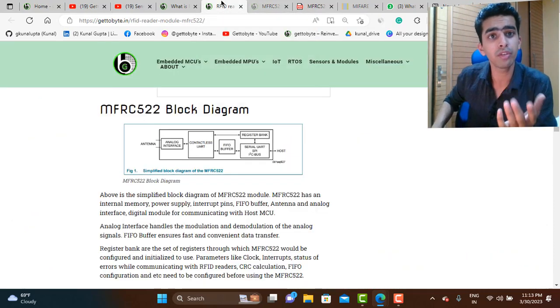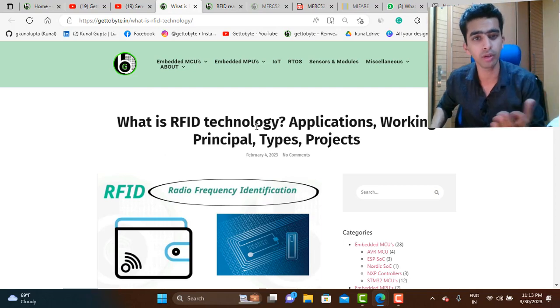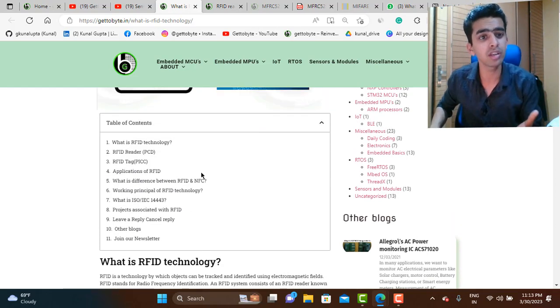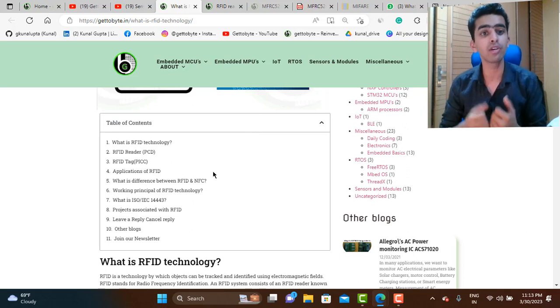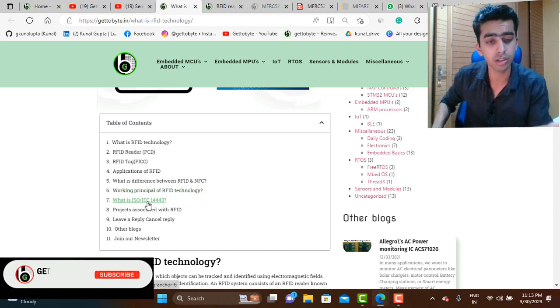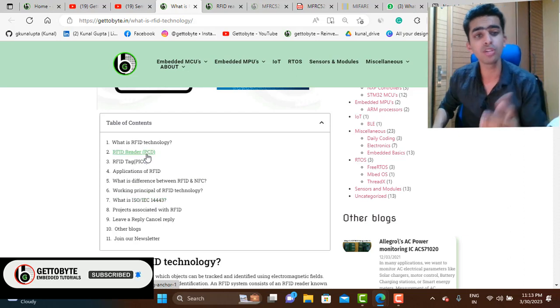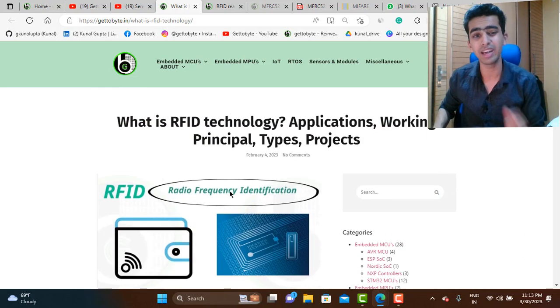Also, viewers can check out this blog on RFID technology, which I have written on the Gettobyte website, explaining the applications of RFID technology, how RFID technology actually works, the core working principle, the international standard which RFID technology follows, what all systems RFID technology consists of, and various things. So you can check out this blog also to get an in-depth idea about RFID technology.